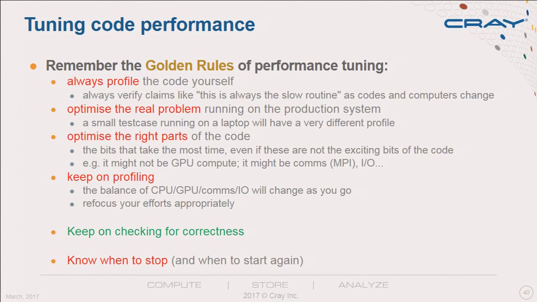So really use test cases for your application which represent your real production. And by profiling at the beginning, concentrate on the really important parts in your code, which actually take the most time.